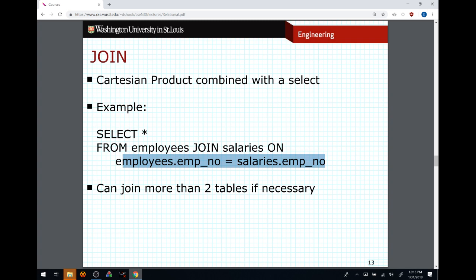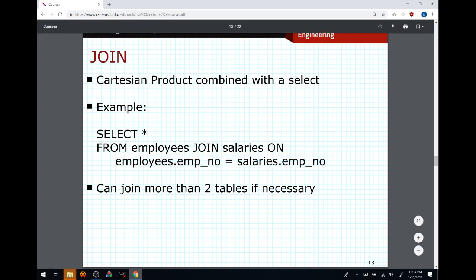Yeah? So what's the difference between this query and if I said select the attributes from employees and salaries, where employee number equals salaries employee number? So you're suggesting that we just take this value and put it in the where clause?